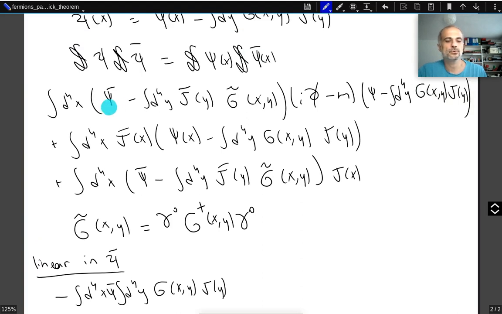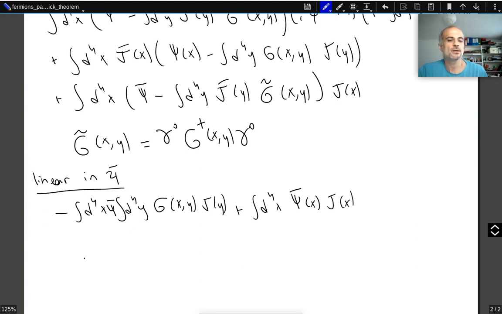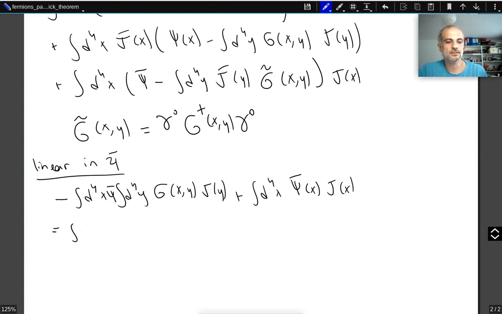And furthermore, a term linear in psi bar appears here, plus d^4x psi bar of x, j of x, which we can also write as d^4x psi bar of x minus d^4y.